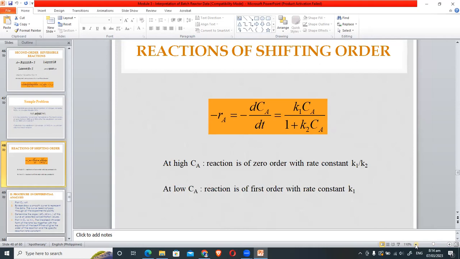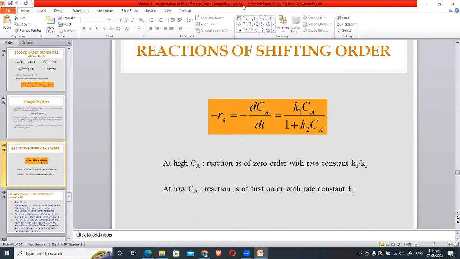If you're given this particular rate equation, this is your rate law. If you have negative r sub A written in lieu of negative dCA/dt, it's equated to k sub 1 C sub A divided by 1 plus k sub 2 C sub A. At high concentration of A, or C sub A, the reaction is of zero order with rate constant in the form of a ratio of k sub 1 to k sub 2.